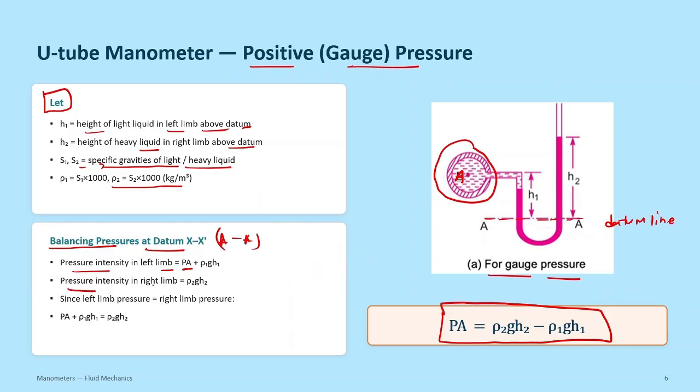And the pressure intensity in the right limb is the density of this liquid column, that is rho 2, g is the gravity, and H2 is the height.